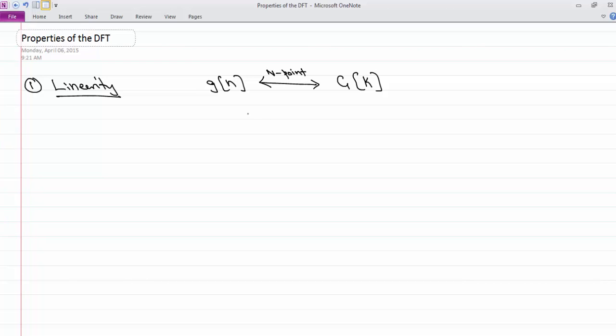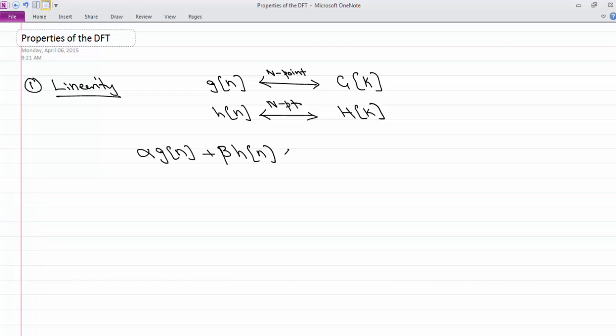So it's an N-point DFT. And then h[n] is a sequence, and you compute its N-point DFT to H[k]. And now someone gives you a sequence which is a linear combination of these two sequences: alpha g[n] plus beta h[n], where alpha and beta are two complex numbers.